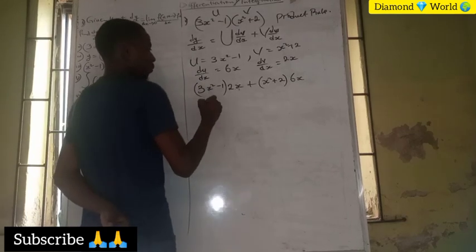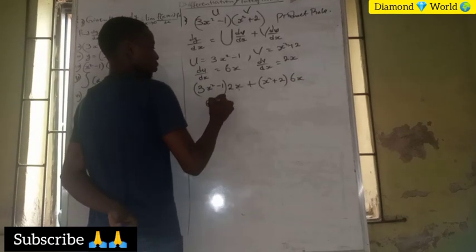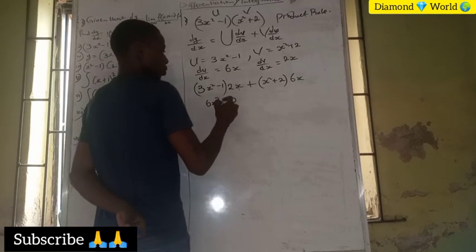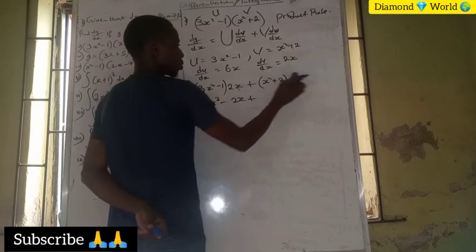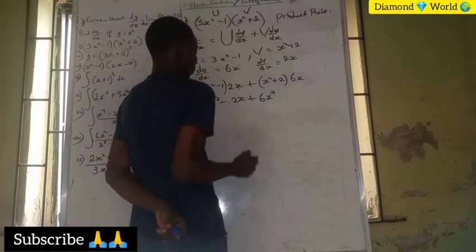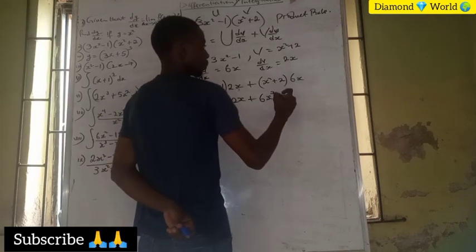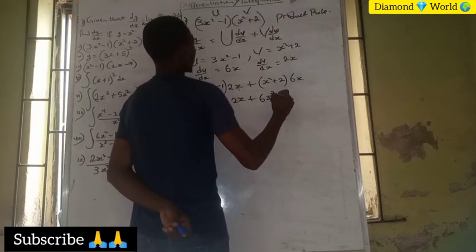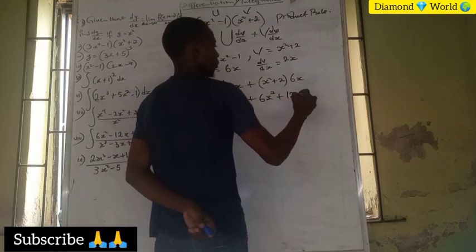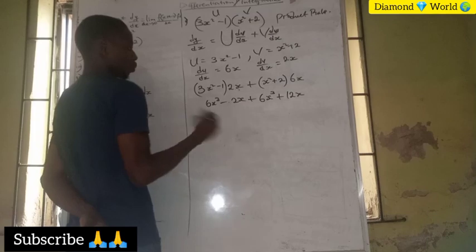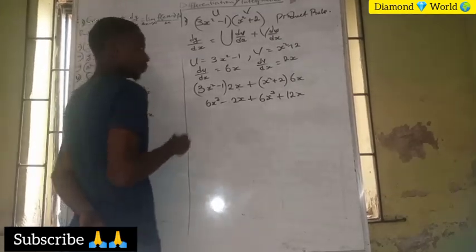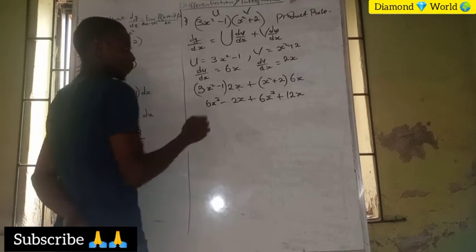x squared plus 2, and this is 6x. Open the brackets, you have 6x cubed minus 2x plus 6x cubed plus 12x. Now you add together whatever can be added.